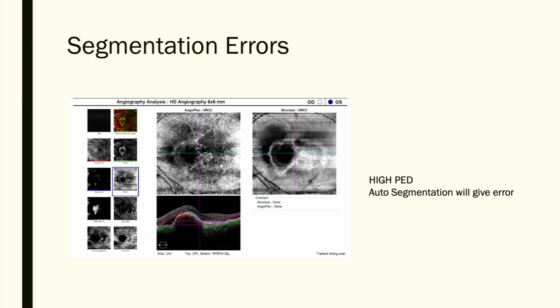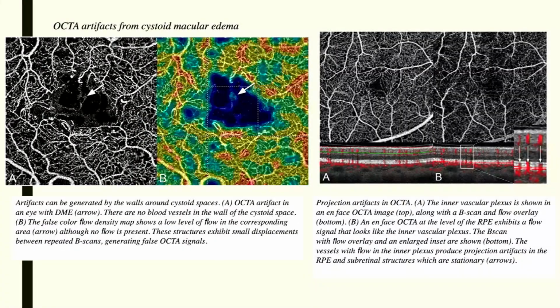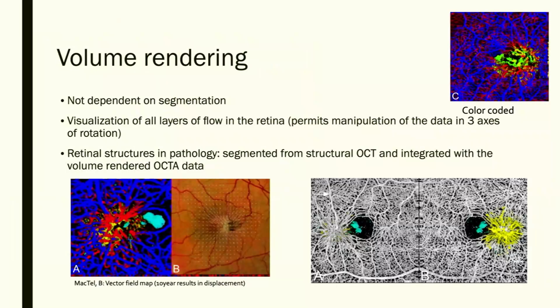So with large PEDs and large areas of hemorrhage, OCT angiogram will not show you the flow. Again, because of the presence of a large cyst, this can give you some pseudo artifacts and some pseudo reflection in the center suggesting flow, but there is no true flow.